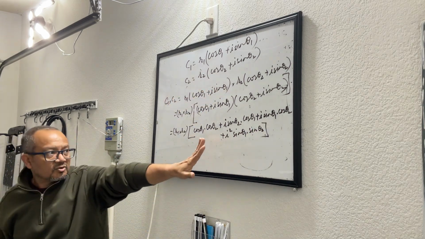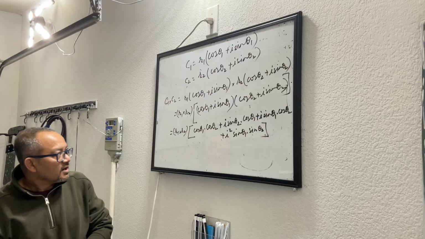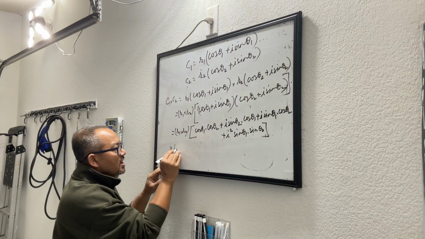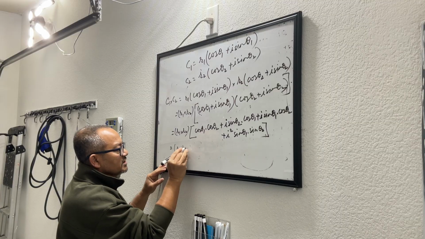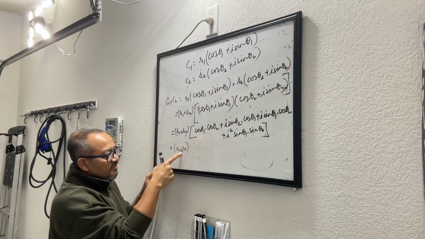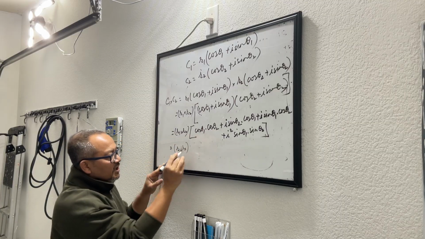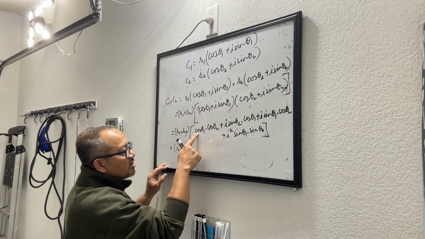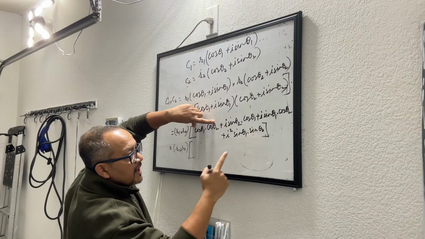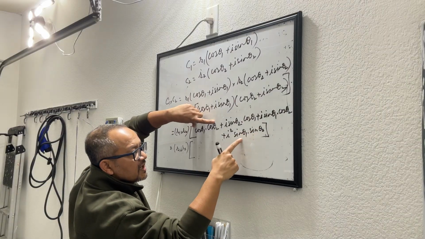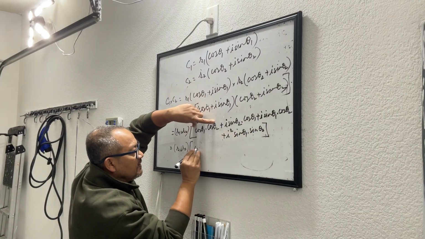I hope I have broken these pieces together. Now this became R1 times R2. See, this is the mistake I was talking about: R1 times R2, I was tempted to write R1 plus R2. Here cos theta 1 cos theta 2 and sin theta 1 sin theta 2, I will put them together.